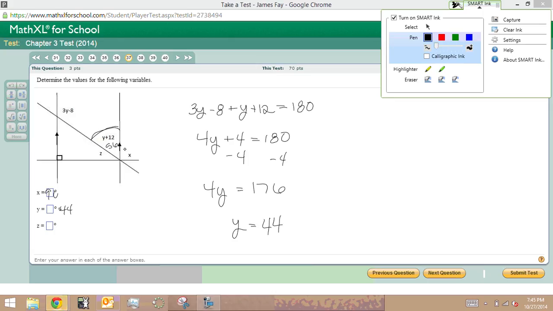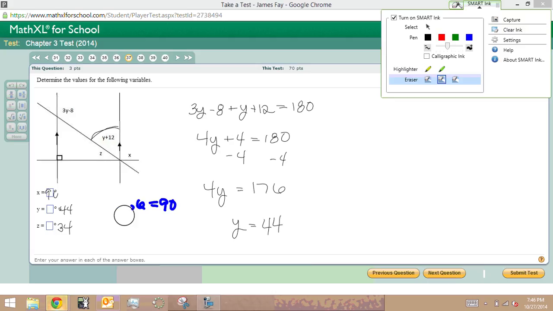So that's 56, and we knew that this was a 90-degree angle, so we should also know that these two angles here are going to add up to 90, because this one out here, that angle there, and that angle there form that straight line. So those three angles should add up to 180, and those two together should add up to 90. So z plus 56 is equal to 90. So z is going to be 34 then.